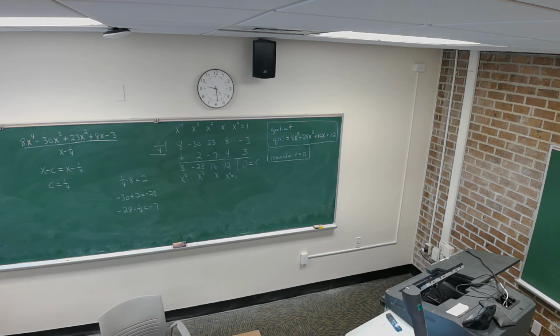So what we have discovered is that our fourth degree polynomial, 8x to the fourth minus 30x cubed plus 23x squared plus 8x minus 3, is equal to the divisor x minus 1/4 times the quotient 8x cubed minus 28x squared plus 16x plus 12.